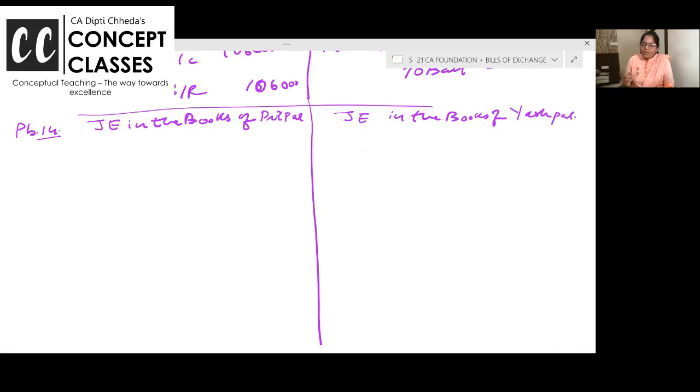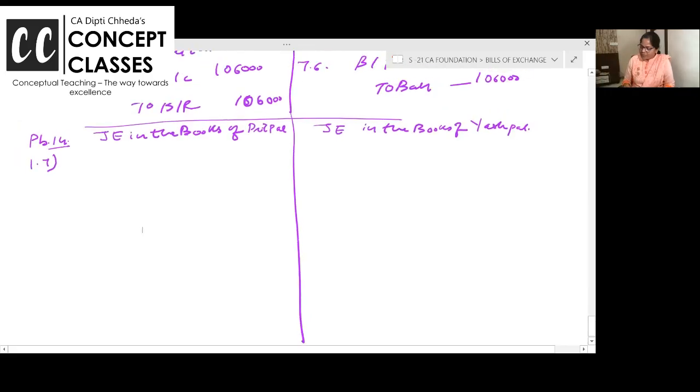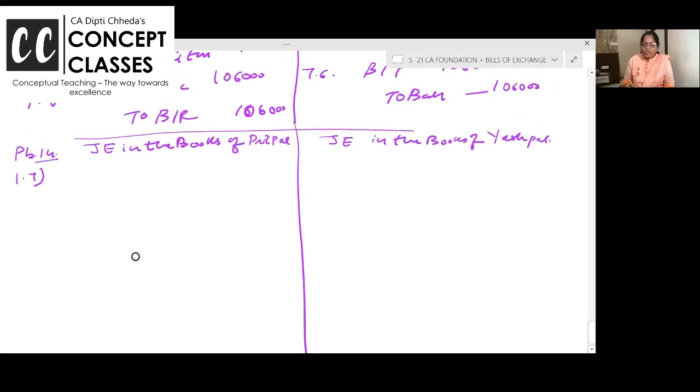And there are 2 bills of 4850 and the due dates of both the bills are separate, so pass separate entries. Here 4850, both the bills are for the same duration. So we can do it together. 1st of July. On 1st of July, what should we do?